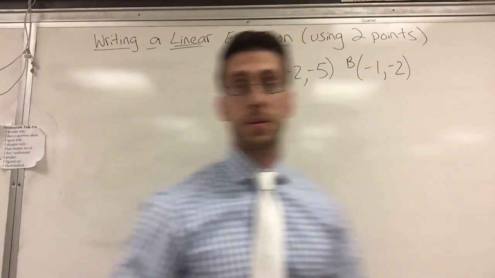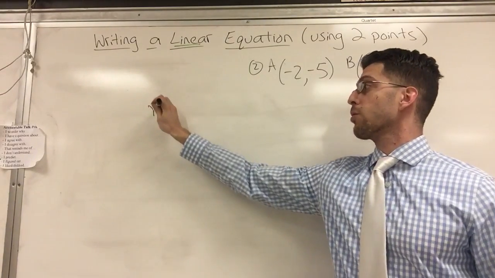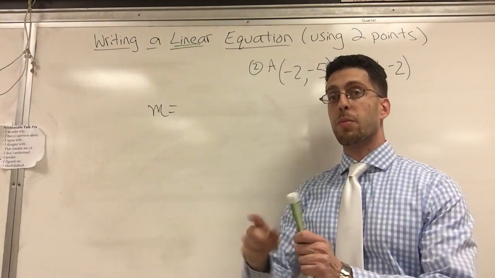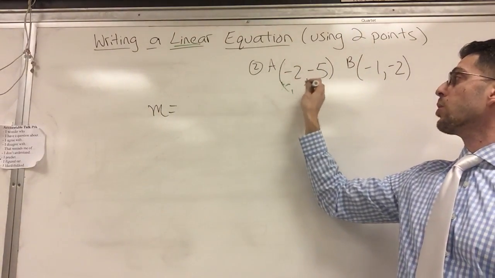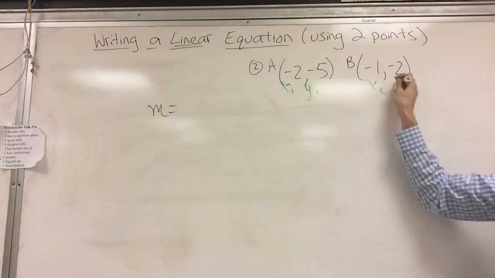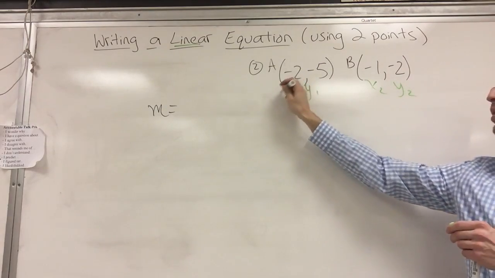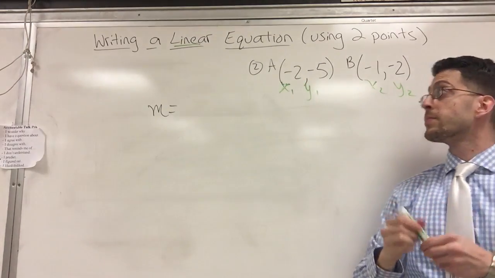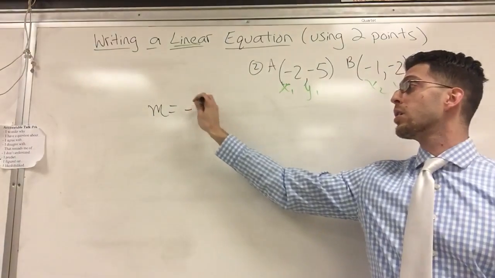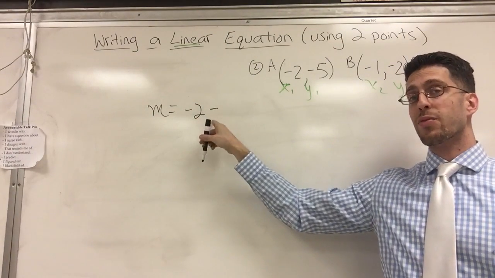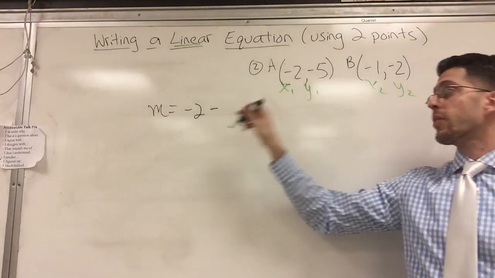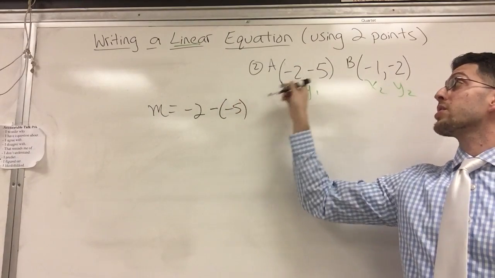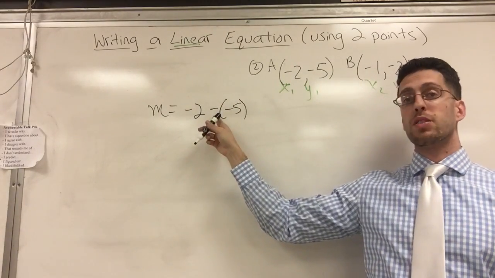Let me get my slope. I got a room now, I can work over here. Label your points: x1, y1, x2, y2. So what's my slope? -2 minus, as in the formula, and then -5. A lot of people feel like, oh, because there's a minus sign already there, they don't have to put the minus from the formula.